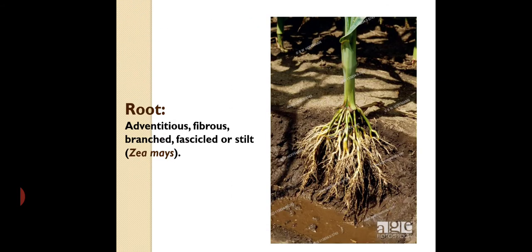Then coming to the root, we are very familiar with the fibrous root system because it is one of the major identification characteristics of monocotyledons. But some differences may be there.